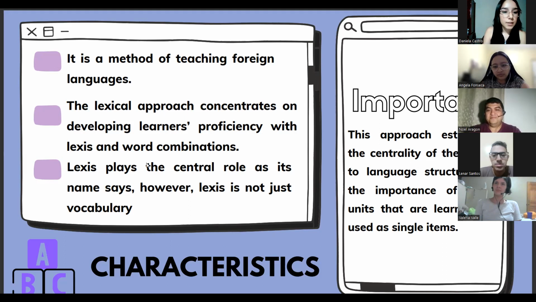The third characteristic says, Lexis plays the central role, as its name says. Yes, of course, because the name of the method is lexical approach, right? So Lexis plays a central role. However, Lexis is not just vocabulary.